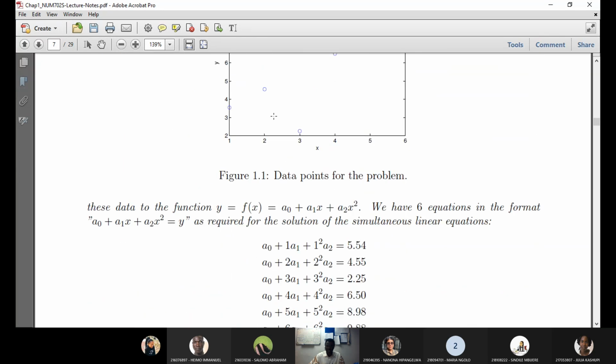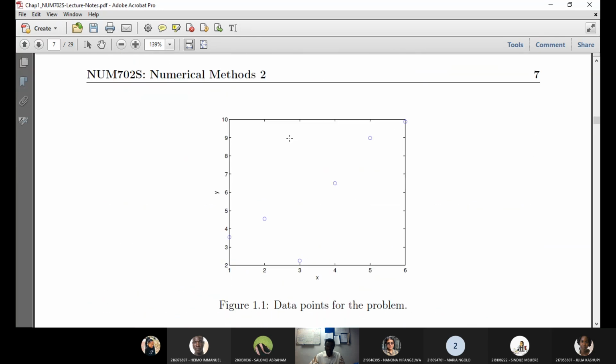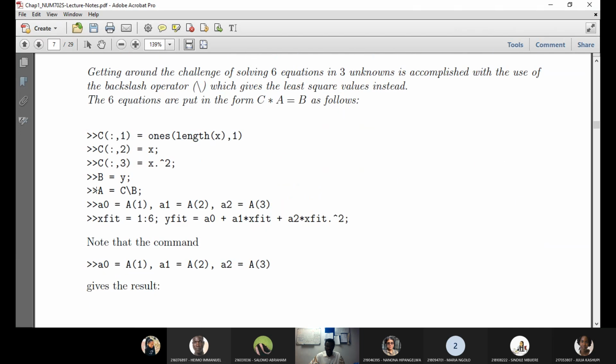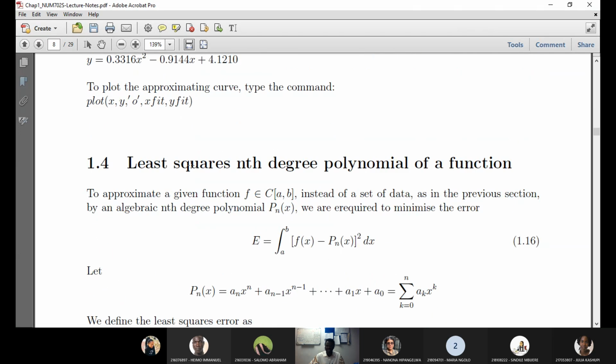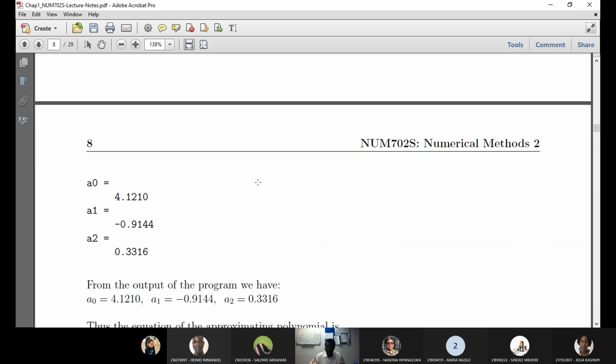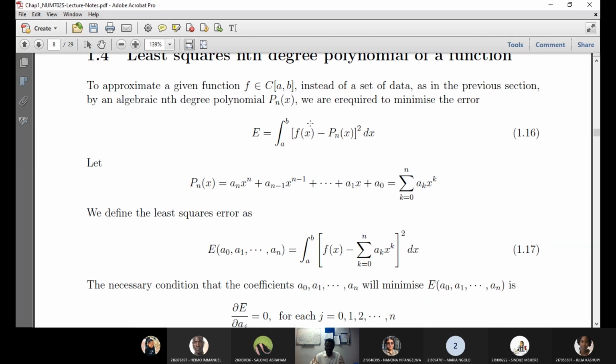Tomorrow will be this MATLAB application. We are going to program this together tomorrow. And after that, we will dive straight into the case of the integral. I'm not sure you did the integral in MMO. I know that you did the polynomial, but I'm not sure about the integral.